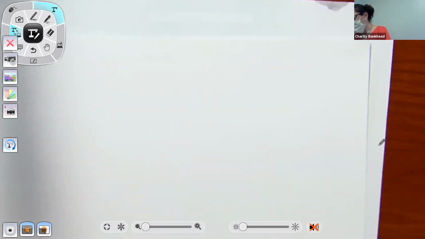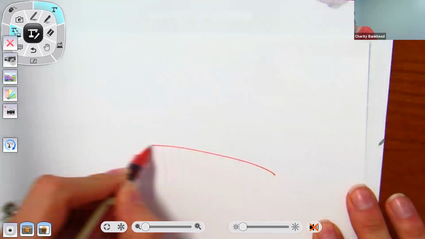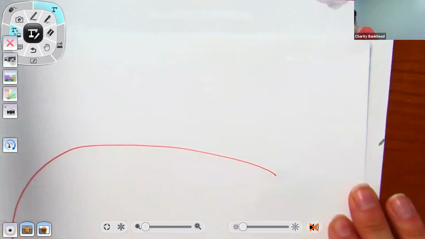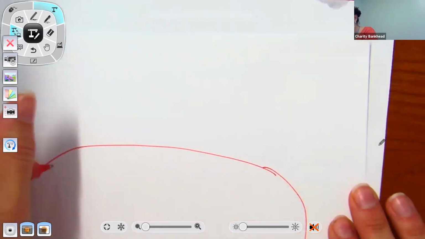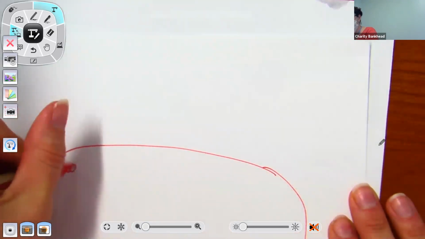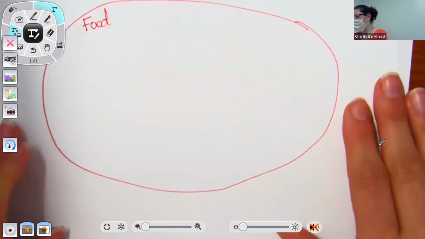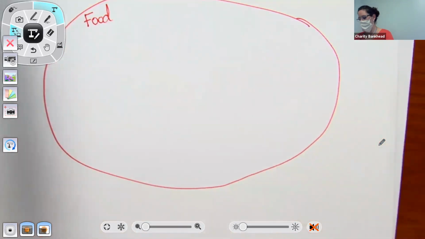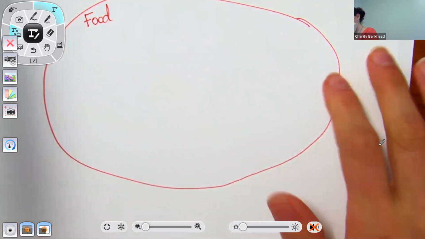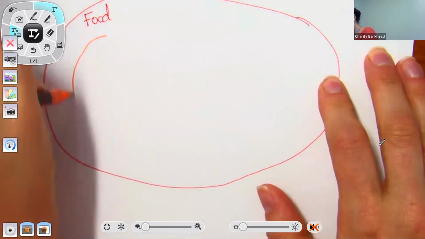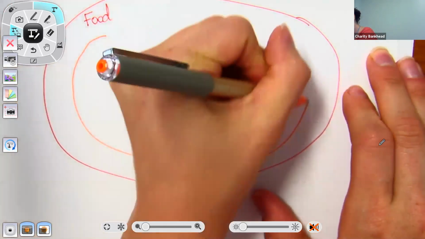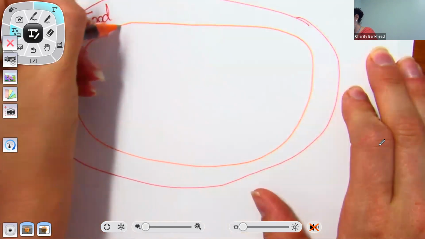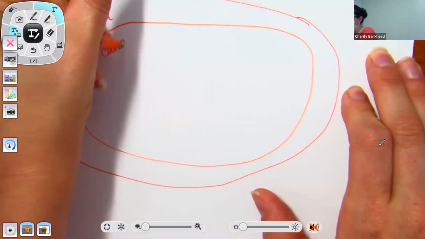Let's say this circle or blob represents food. And then we have another one. This orange one represents candy.